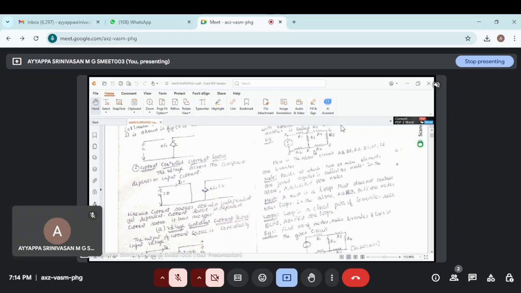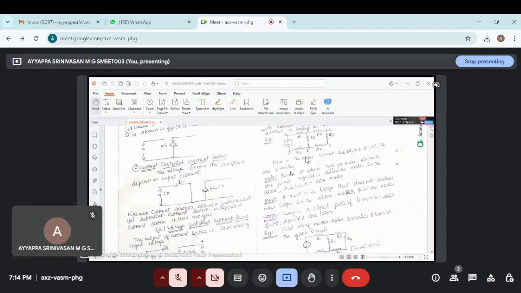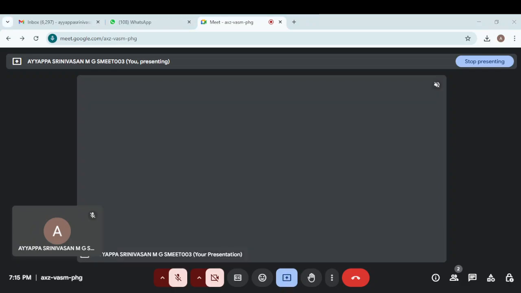ABCFED is a loop because it has another closed path in it, and that other closed path is nothing but ABED. So ABED is a mesh, ABCFED is a loop. So kindly understand the difference between mesh and loop.